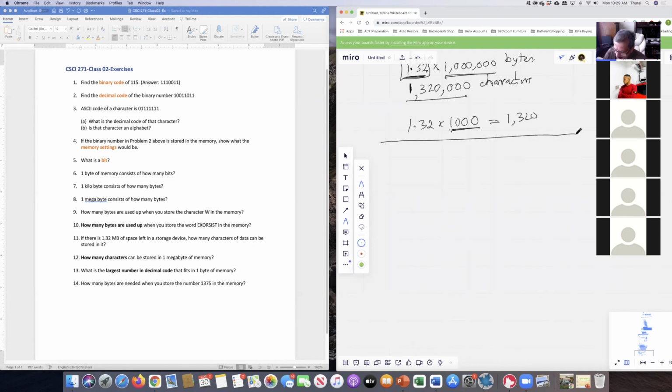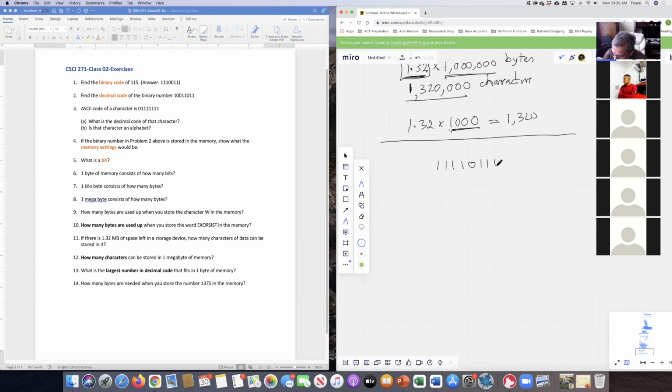All right, let me explain that. 1 byte of memory has 8 bits, right? If I want to store a number in that 8 bits of memory, then that number can have 8 bits, 8 ones and zeros. Now, in the 8 bits, if there is any 0, then that number is not the largest.